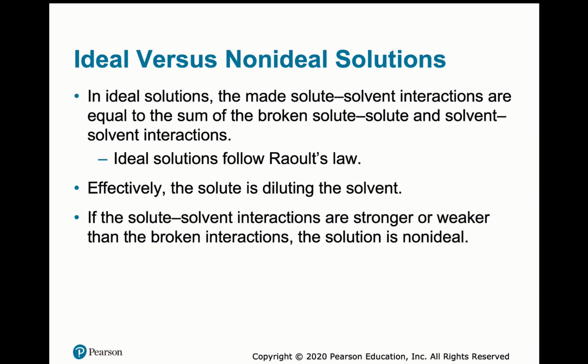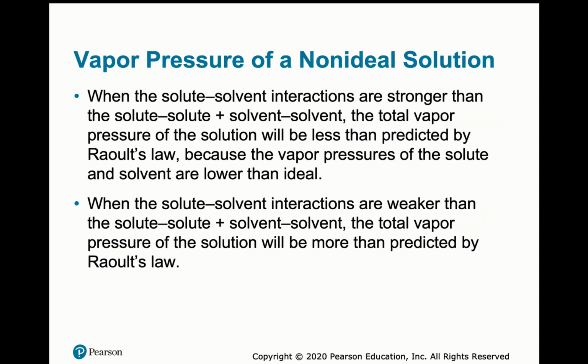Looking at the graphs, I'll show you the graphs soon. And for non-ideal conditions, it depends on the types of interactions. So if the interactions are stronger or if they're weaker, this is going to have non-ideal behavior. And the non-ideal behavior depends on the circumstance.